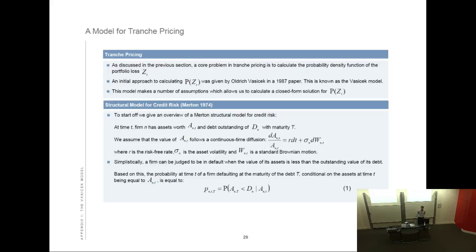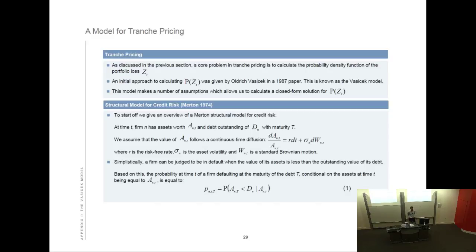You say it's not an unreasonable assumption in a toy model to think of any company as essentially consisting of assets and debt. And bankruptcy takes place when the assets, which you think of as a volatile quantity, like profit and other volatile things, drop below your debt. Assets can fluctuate, your debt is stable, but if your assets drop below your debt, that's like a default event.